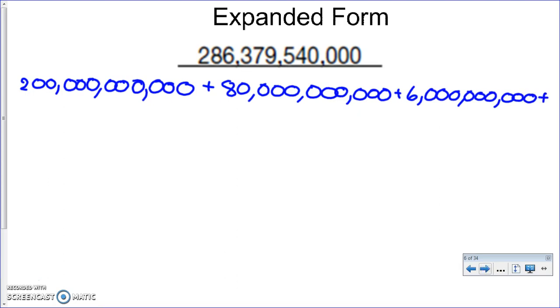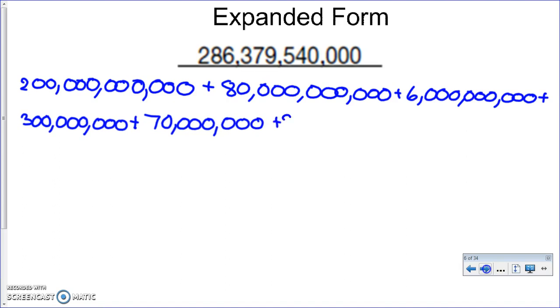Now we're going to separate out the millions into 300 million, 70 million, and 9 million. And finally, we're going to separate out the 500,000 and the 40,000.